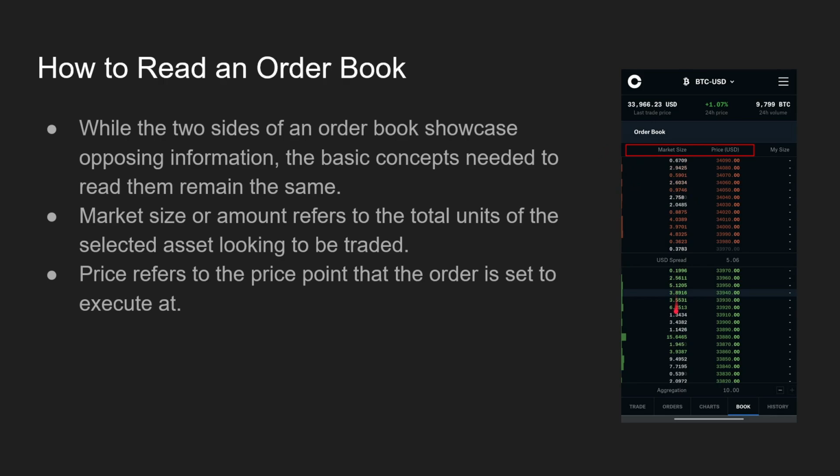These are just the amounts of the coin. In this case, this is Bitcoin. So let's say there are 0.3783 Bitcoin available for sale at 33,970. Then the next would be 0.3623 Bitcoin. These are the amounts of the coin being sold or offered at those prices.